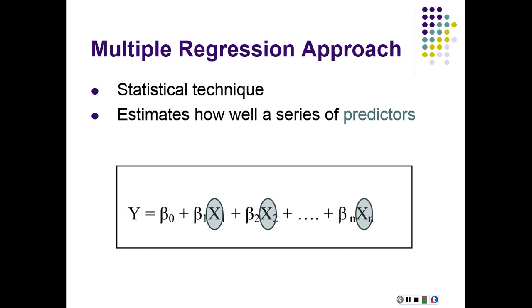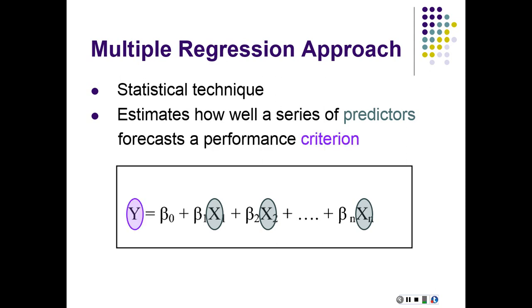X sub 2, maybe that's work history. X sub 3 might be typing speed. I don't know what job we're applying for here, but all these factors that we're going to be measuring, all these predictors, are the X's. And they're going to hopefully forecast the criterion, which is the Y in this formula. So we want to know how well all these different X's predict the Y.